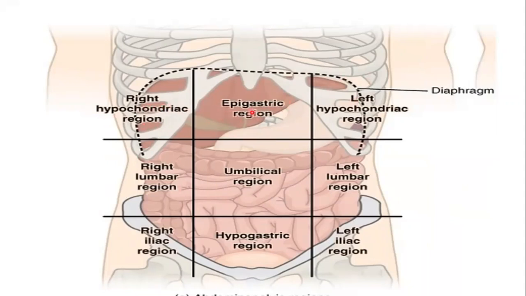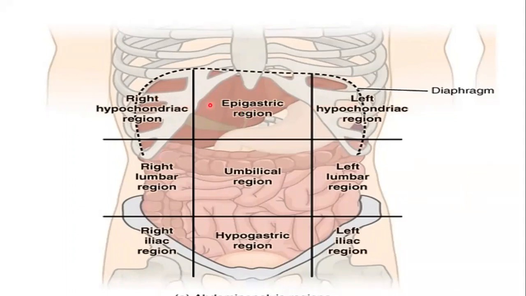The middle one is called the epigastric region. This region is above the gastrium, that is the stomach. Gastric is the word used for the stomach. The stomach lies in this region, but the majority of the epigastrium is superior to the lesser curvature of the stomach. That is why it is called the epigastric region.